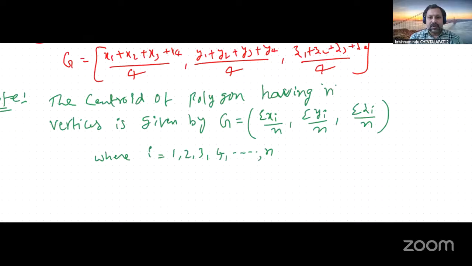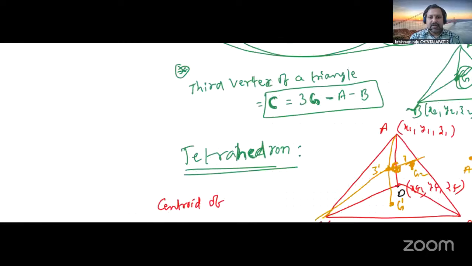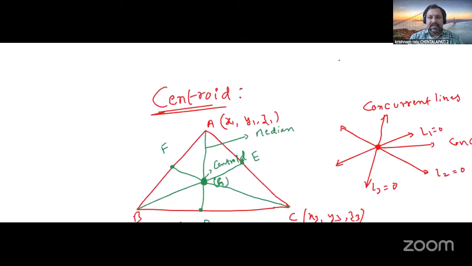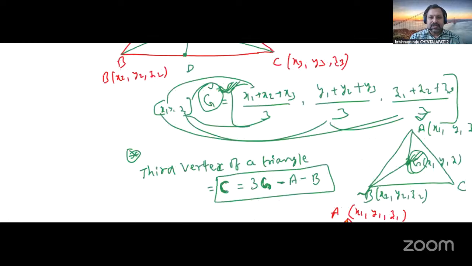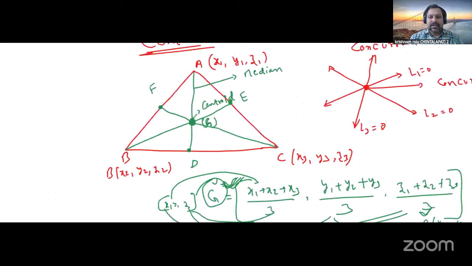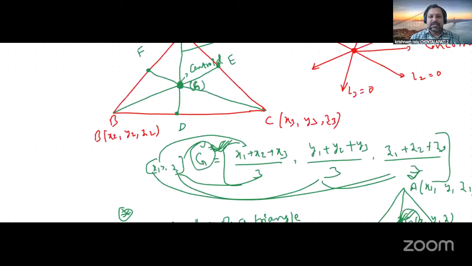So that's why I already explained, no. See, for example, this is a triangle. Centroid of a triangle, what you wrote here: sum of the x coordinates by 3. 3 represents the number of vertices. Here, the vertices are A, B, C. So that's why we got 3 here. Similarly, sum of y coordinates by 3, sum of z coordinates by 3. So one more example, the tetrahedron.